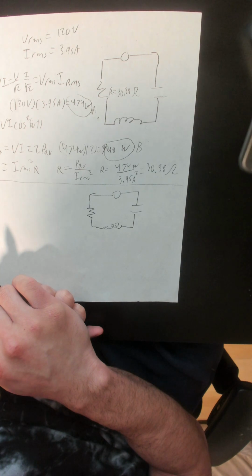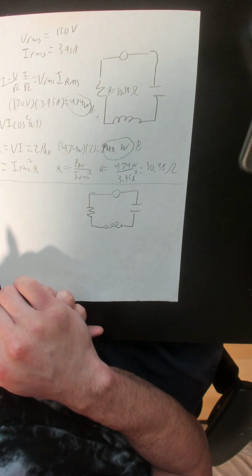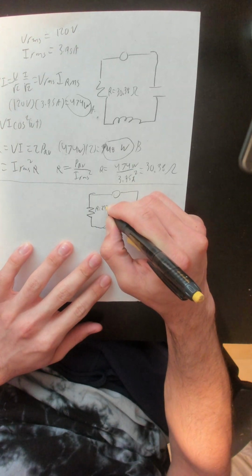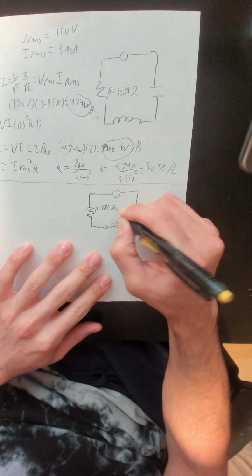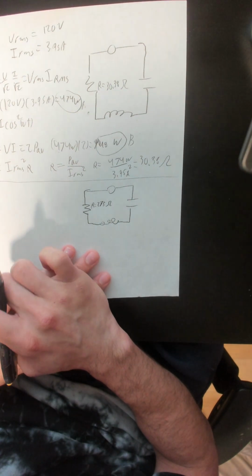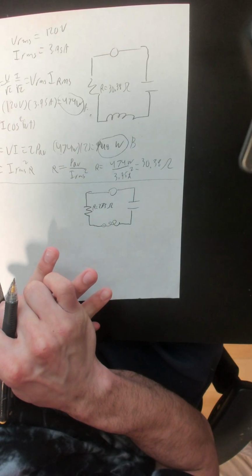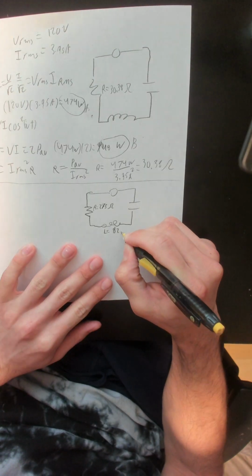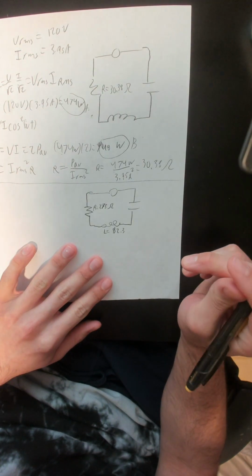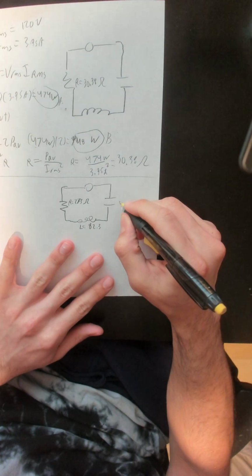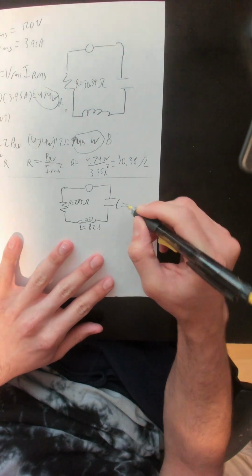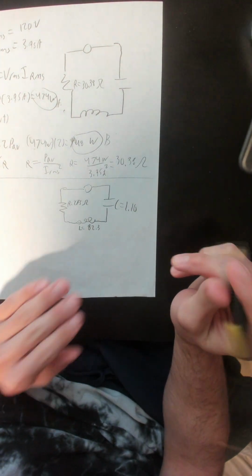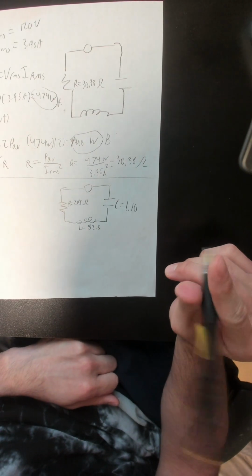We have a resistance of 275 ohms, so R equals 275 ohms. We have an inductance of 82.3 and a capacitance of 1.10 micro, so C equals 1.10 micro.